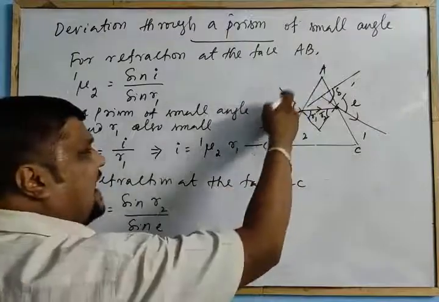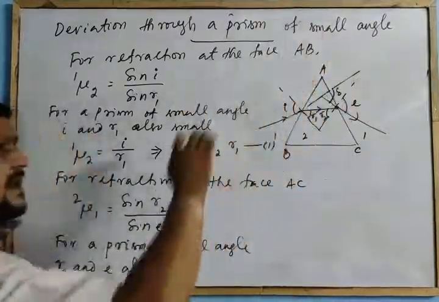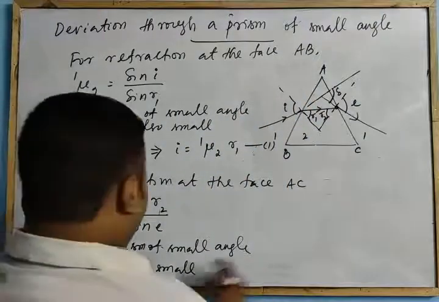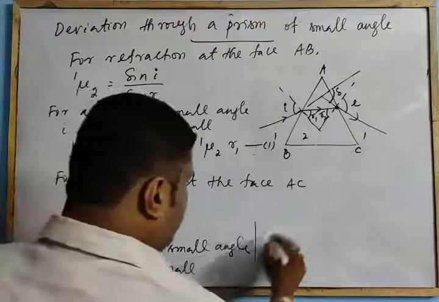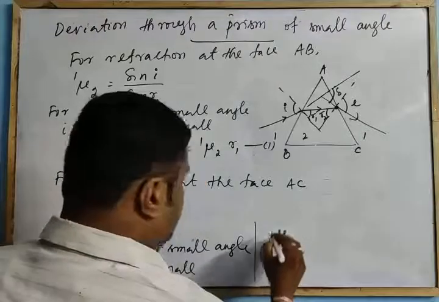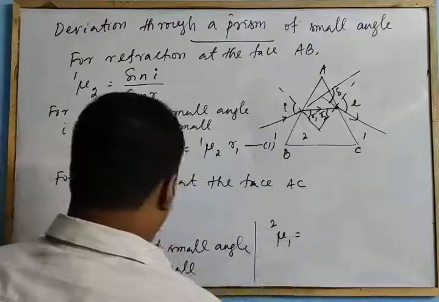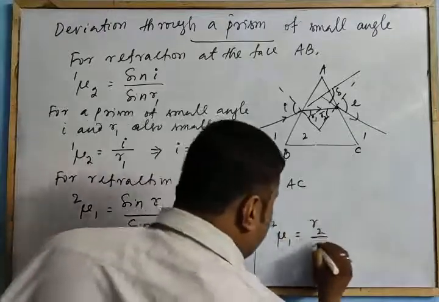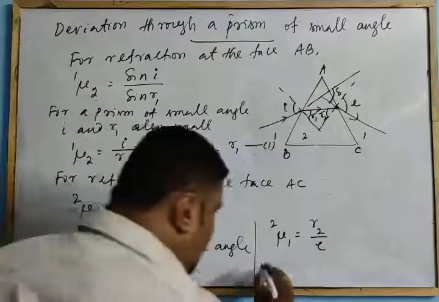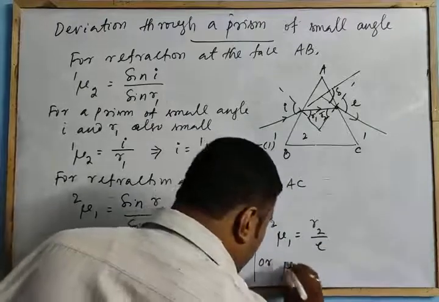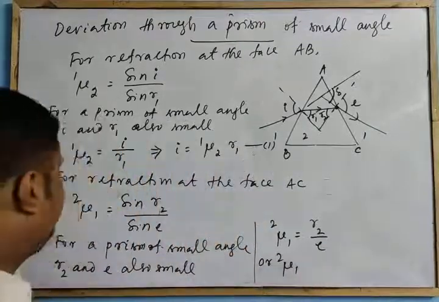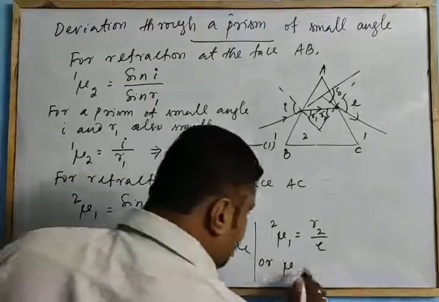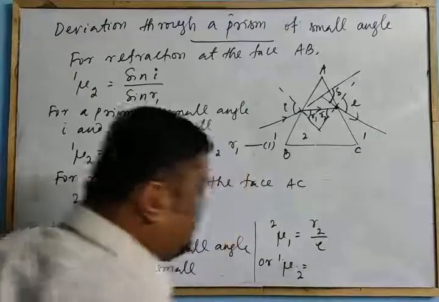If A is small, I, E, R1, R2 all are small and delta is also small. So I can write this directly as mu12 is equal to R2 by E. And mu12, according to the principle of reversibility, is 1 by mu21. So mu21 is equal to, what can I write?